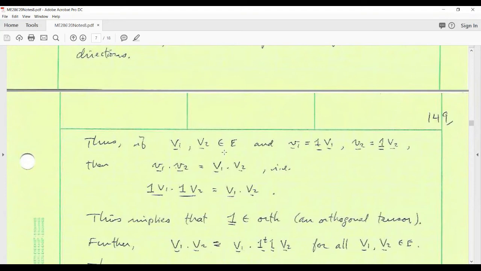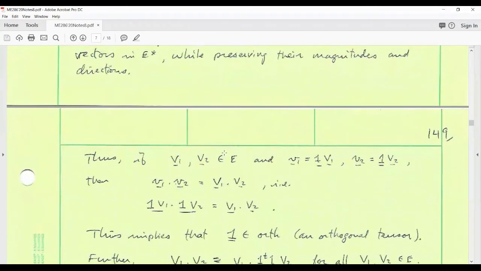So the idea that the shifter simply parallel transports the capital V's into the small v's without changing their orientation or length means that the dot product of the small v's is the same as the dot product of the capital V's. This dot occurring in the vector space E star and this dot occurring in the vector space E. Well, v1 of course is the shifter times capital V1, etc. So we have this.